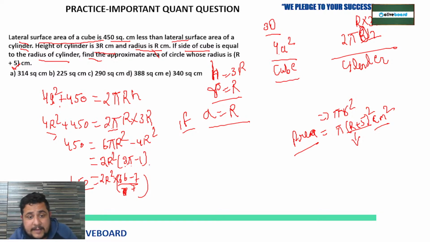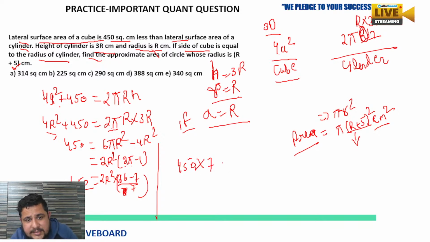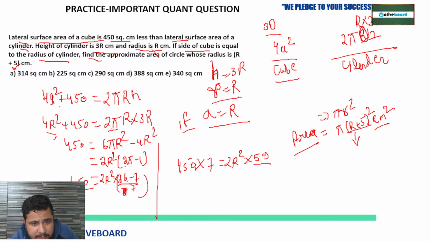Okay, everything is great. Now 450 multiplied by 7. I was just checking whether everything is perfect or not. Equal to 2r square times (66 minus 7), that means 59, upon 7.